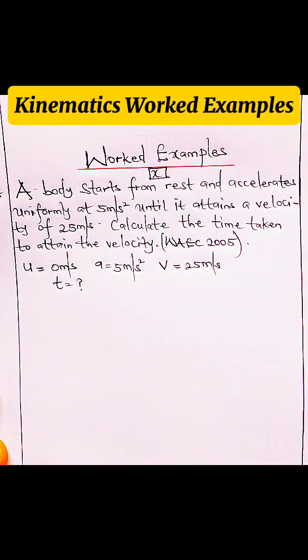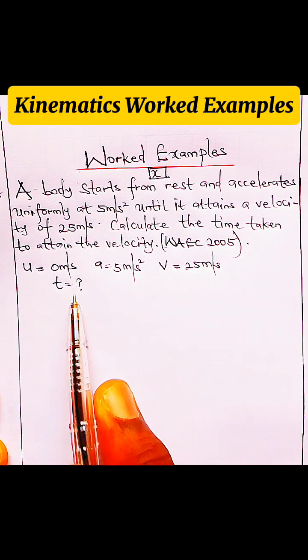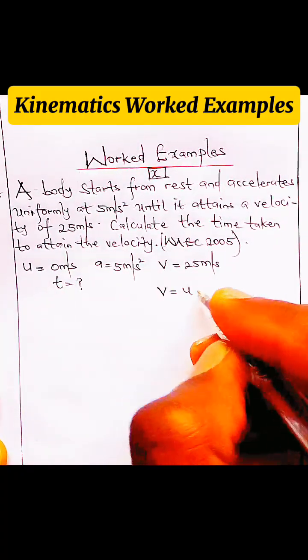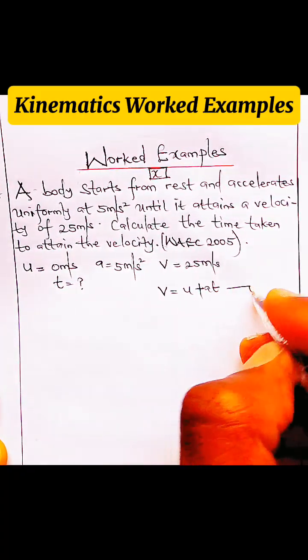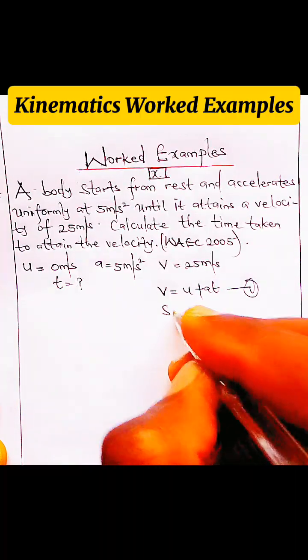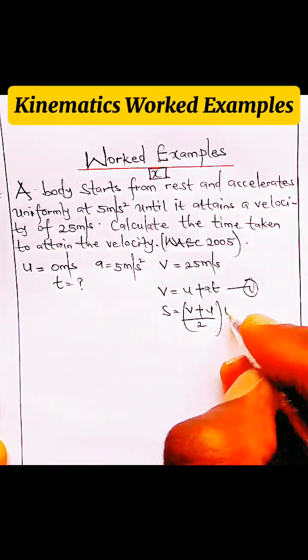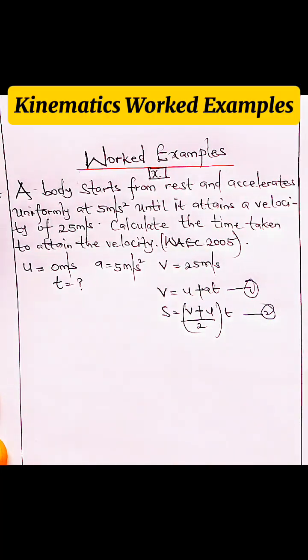So we're going to be looking at all our equations of motion. I gave you 5 of them. Among those 5 equations of motion, one of them will come in very handy to solve for time. The first we have is v equals u plus at. And then we have s equals half of v plus u times t. I'm just trying to state them out because I stated them already; we should have them by heart now.